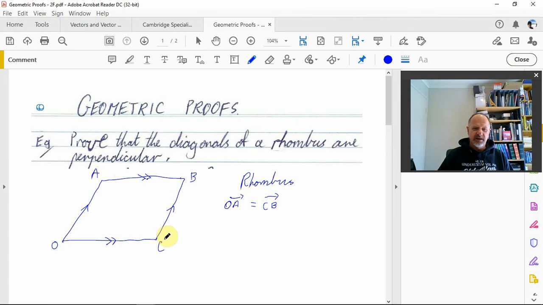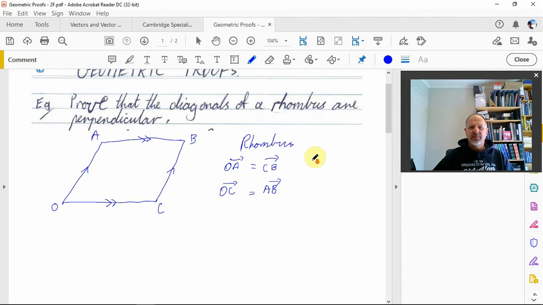So this vector and this vector are essentially the same. We're not talking about position vectors here, we're just talking about vectors. Same length pointing in the same direction. And then for these two sides we've got the same thing. So OC not only is the same length, but it also points in the same direction as AB.